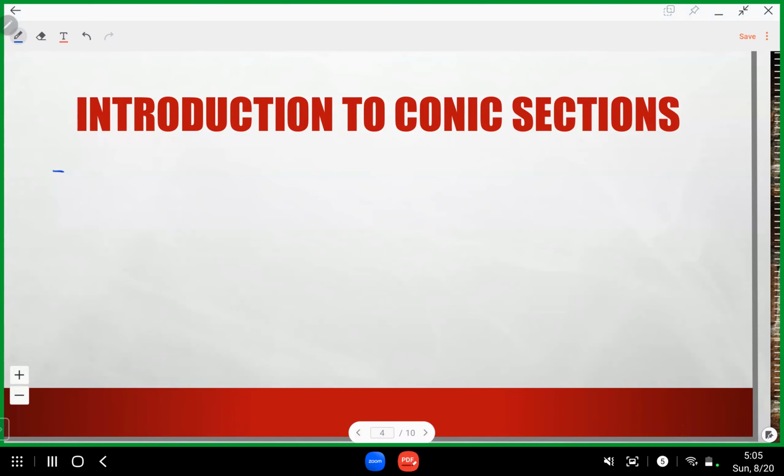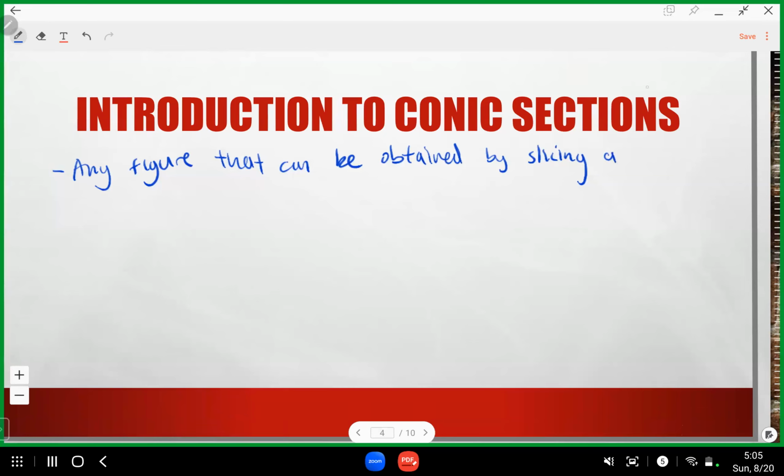So the conic section is any figure that can be obtained by slicing a double cone. Now, what is a double cone? I'll go over in a second.